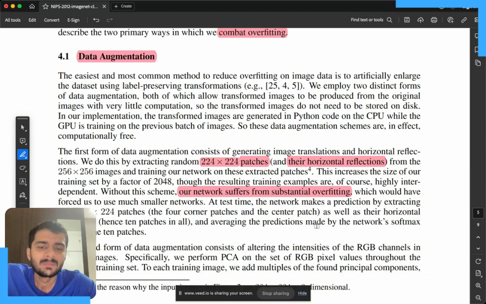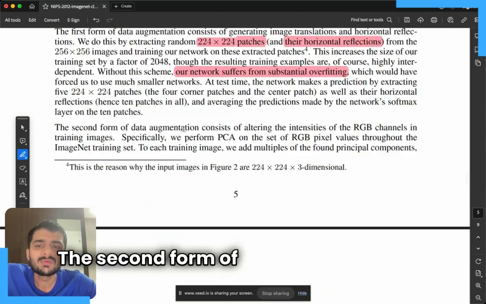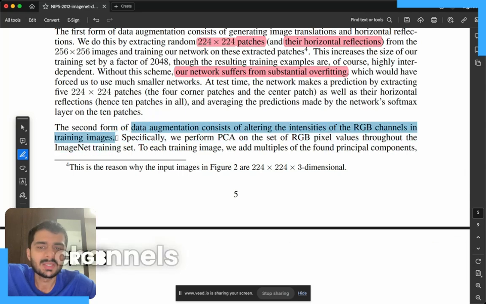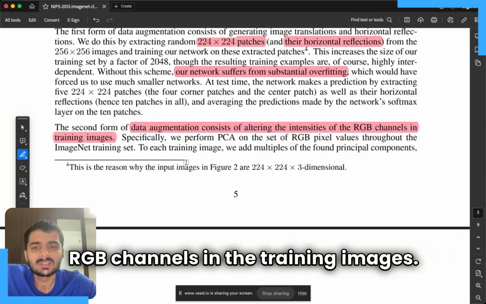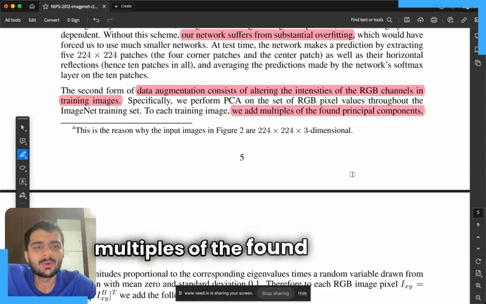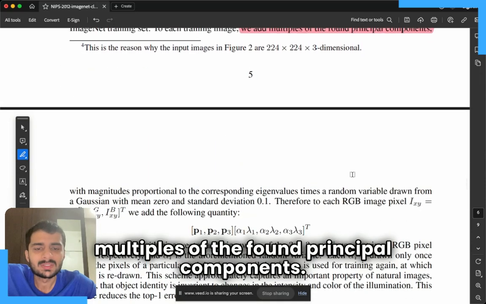The second form of data augmentation consists of altering the intensities of the RGB channels in the training images. To each training image, we add multiples of the found principal components.